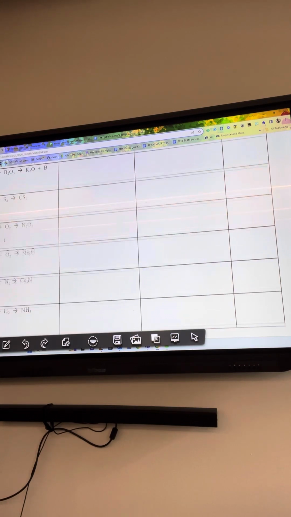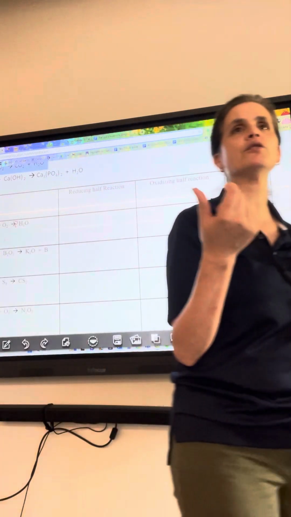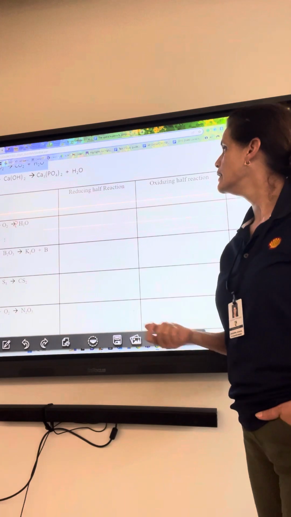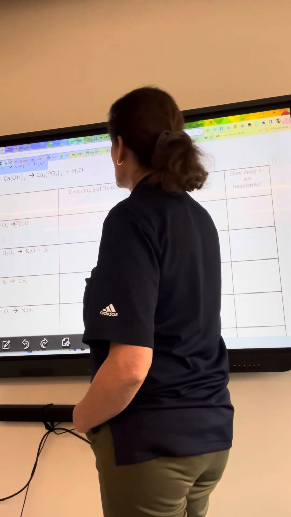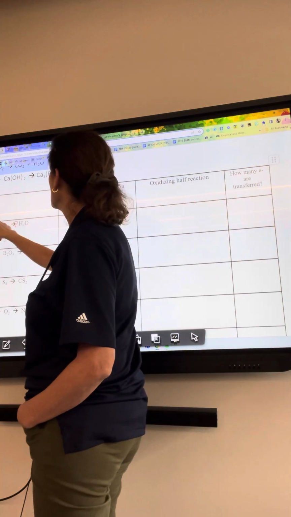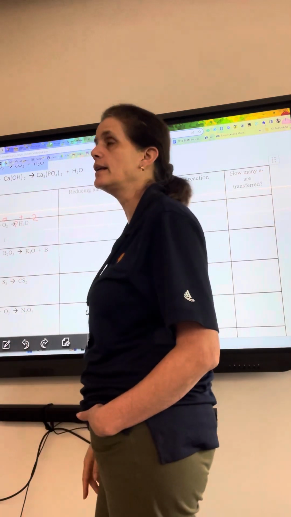For the first one, would it be a 2 in front of that one? Right? And after you do that, then you don't have to worry about how many electrons and all that nonsense, right? You just do it. The half reaction is, this is the oxidation is this one, so this is 0 to plus, and this is 0 to minus 2, right?